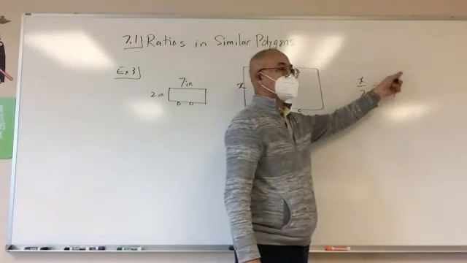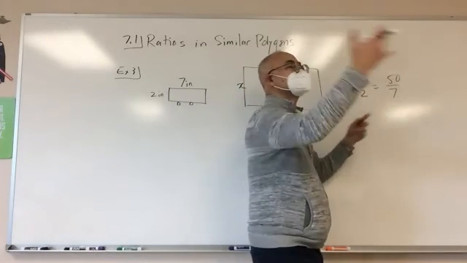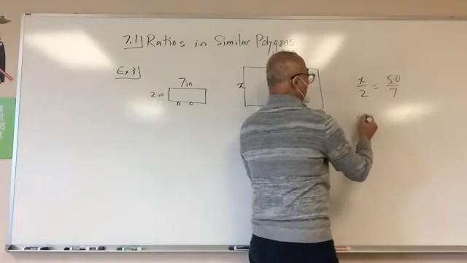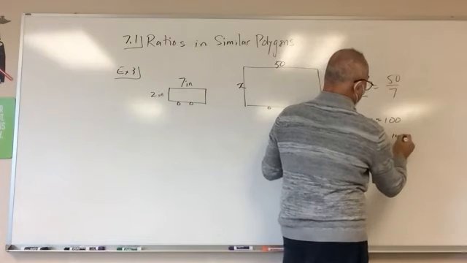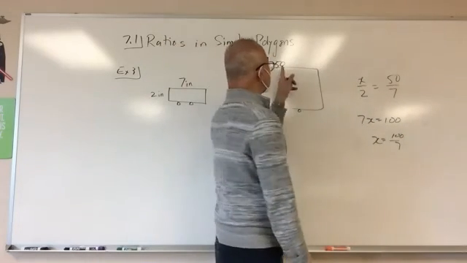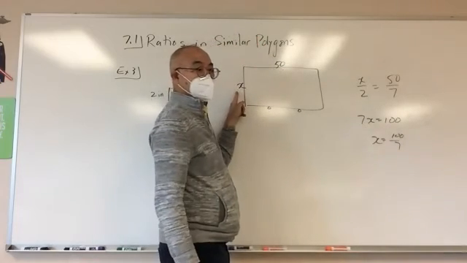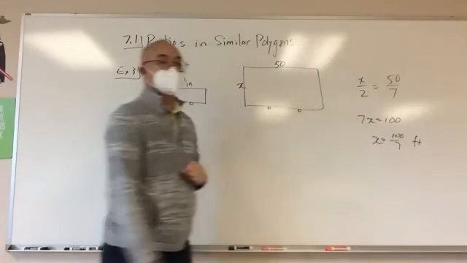I would cross multiply, right? Cross multiply. So I'm going to multiply here, and call it the same, 100 over 7, right? Since this was in feet, this would be in feet also. So it's going to be this many feet, correct?